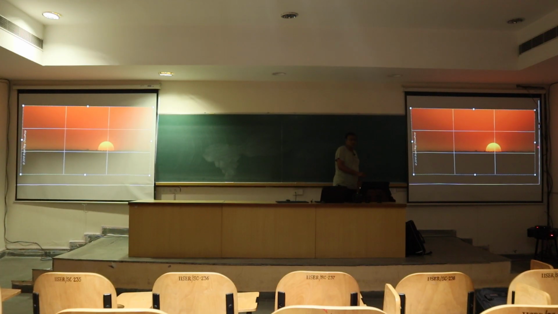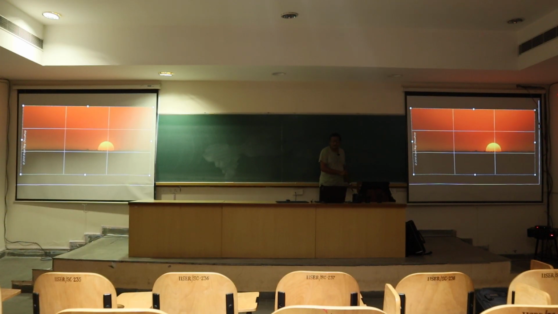So, the rule of thirds is this, that try to put the subject at one of these intersection points, if you cannot put it at the intersection point, at least near to it. Okay? And try to put the horizon either in the lower third or in the upper third.